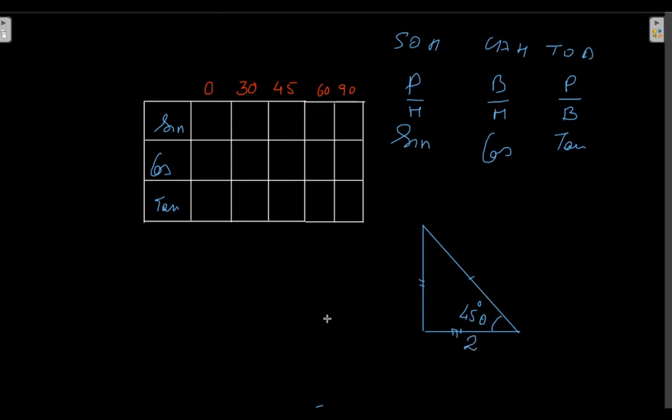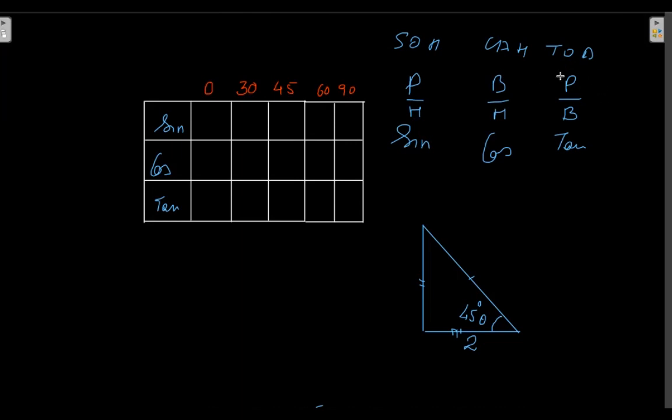Now what we have here is a base, and we have to find the perpendicular and hypotenuse. Just see where all we are given the base. So base comes in cos and base comes in tangent.